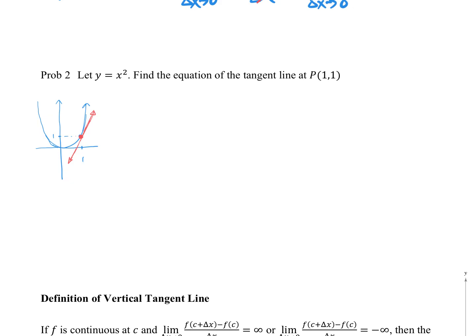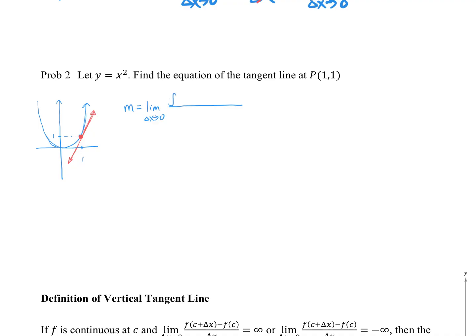In order for us to find the equation, we need to have a slope, right? And we do have the point already. So now we just need to find the slope, which is what we just introduced. So let's find the slope using the limit definition. Limit delta x approaches 0.